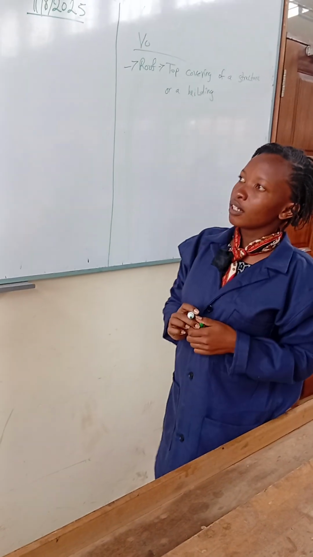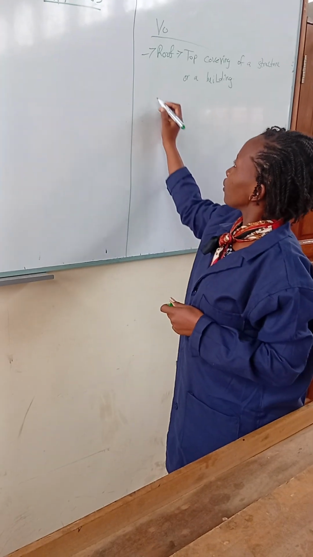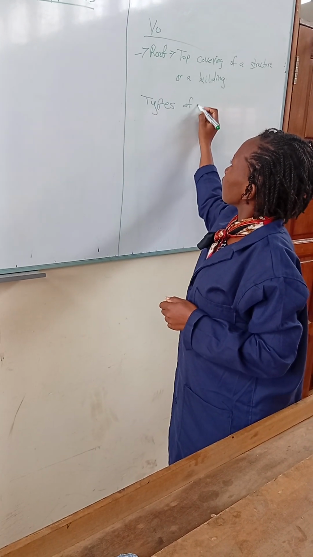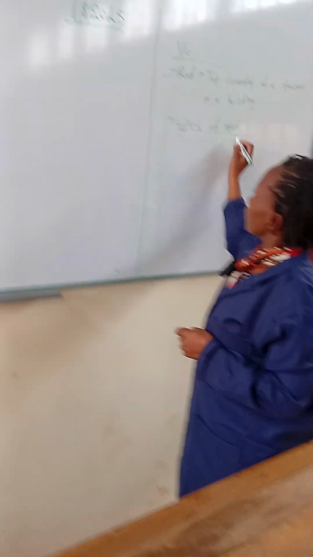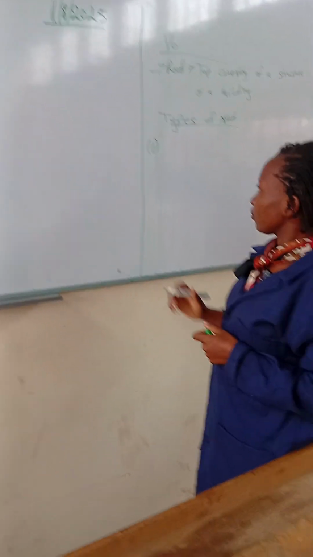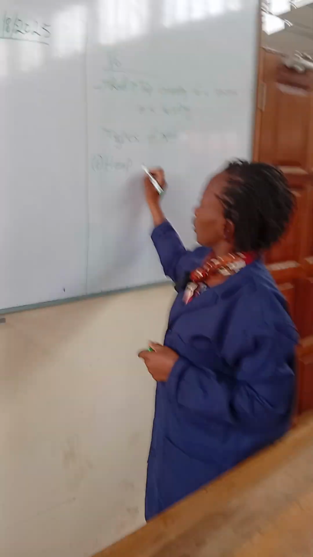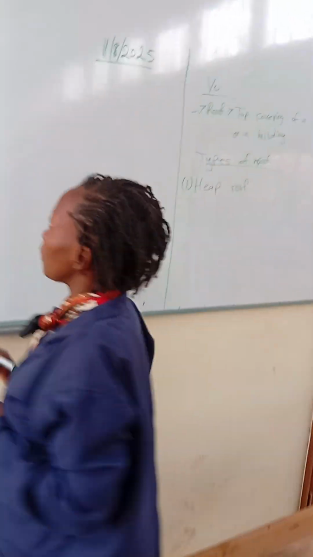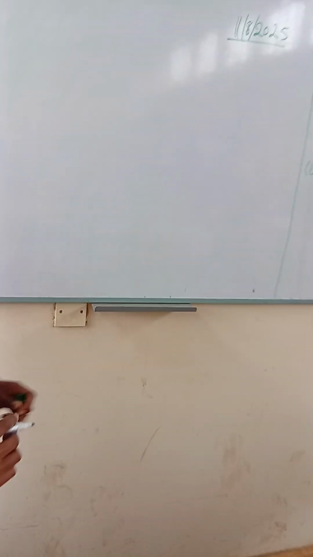So when we talk about a roof, we have types of roofs. To start with, we have one, the hip roof. And in the middle part is where we do the working to show what is a hip roof.